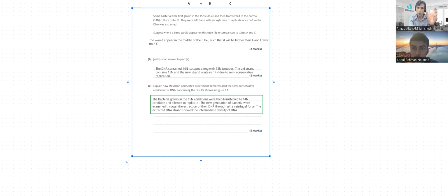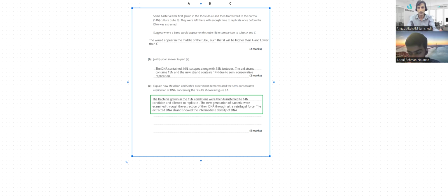Getting? This matches the result in tube C. This is how we can say it is justifying that Meselson and Stahl's experiment demonstrated the semi-conservative replication of DNA.